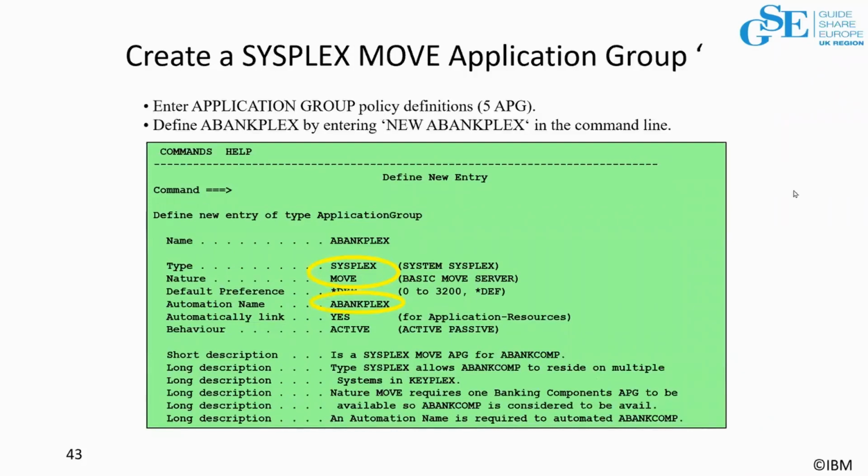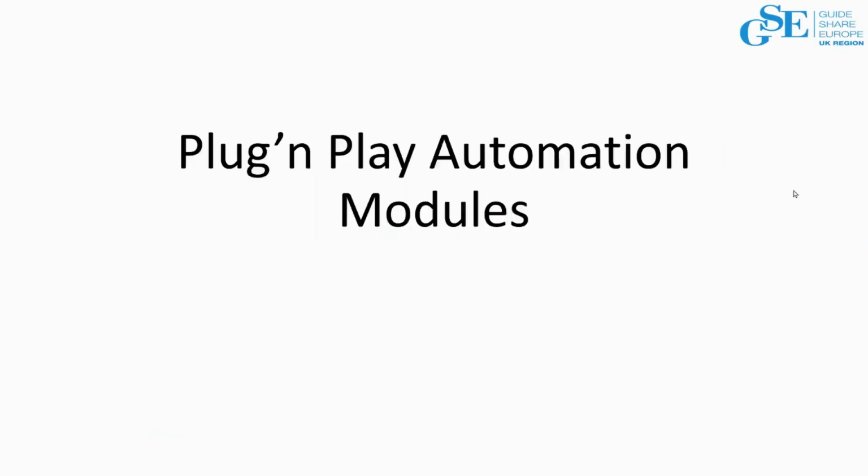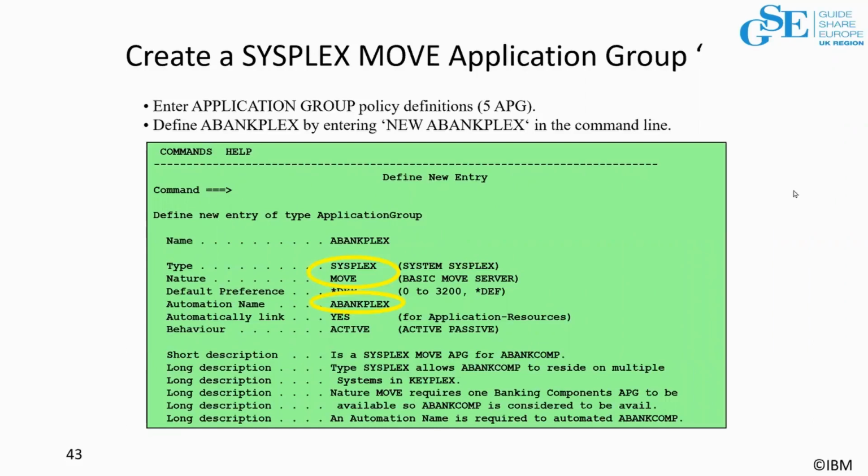So you create a different kind of group, a Sysplex Move group. You give it a name. You define it as a Sysplex group. You're giving it a nature, and then you would go on to define preferences. So if it's a move group, there will be one and only one system that it will run on.